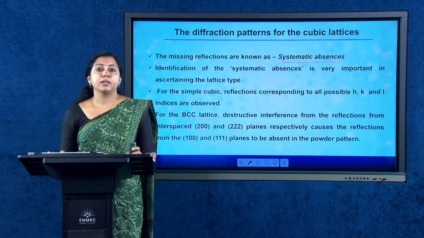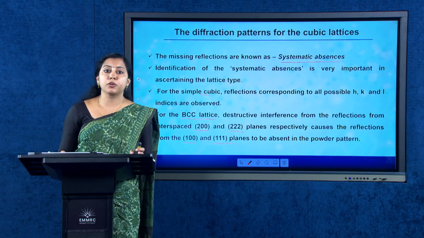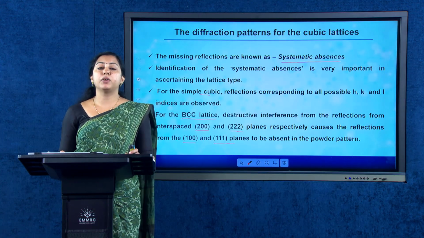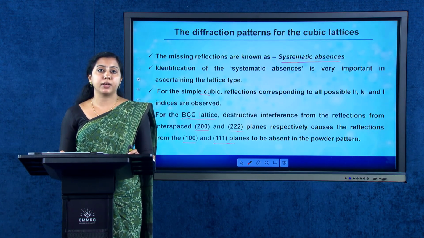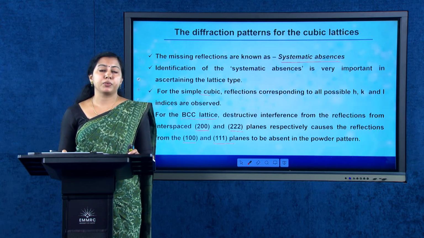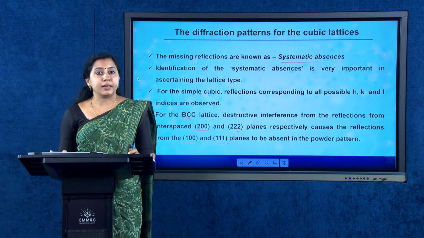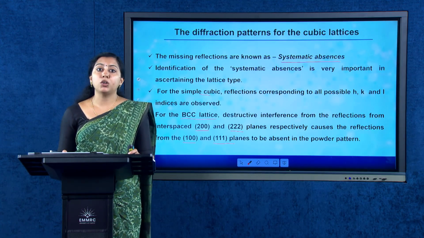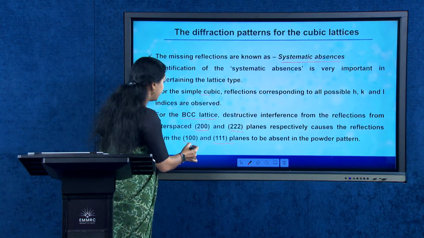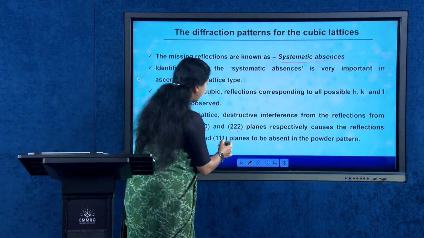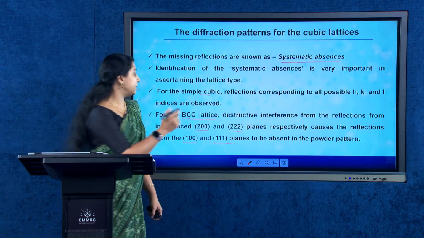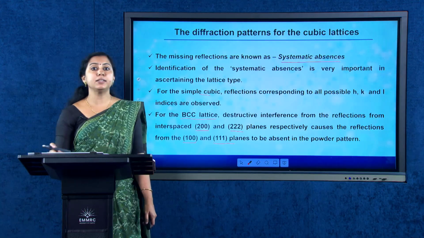So, when we analyze the powder diffraction pattern of a BCC lattice, we cannot see lines corresponding to reflections from 100 and 111 planes due to the destructive interference from the 200 and 222 planes respectively.